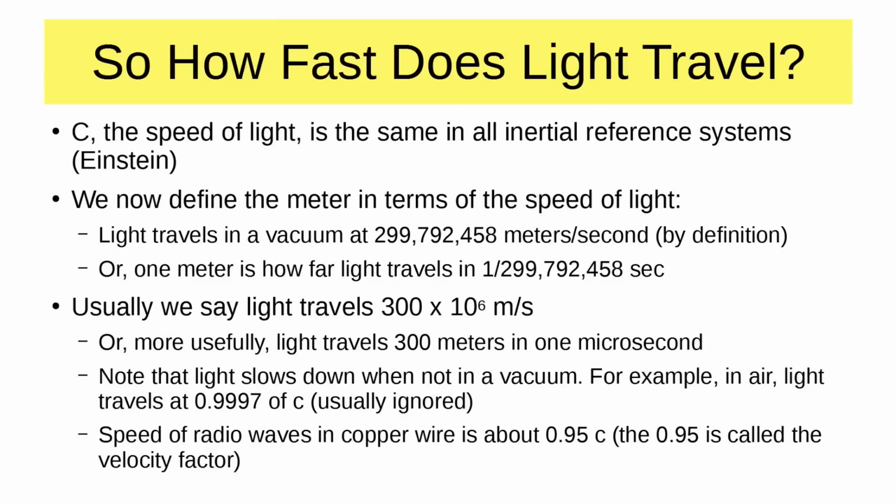Some coax has a velocity factor of 0.67, others about 0.88, and so on. You have to look up for the particular coax what it is. But in copper wire, which is what we make dipoles out of, it's about 0.95. And we're going to have to consider that, because if you cut a dipole for the true half wavelength, it's too long. And we'll go into that.